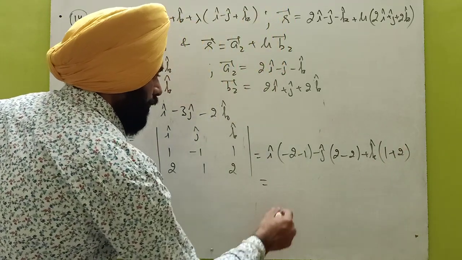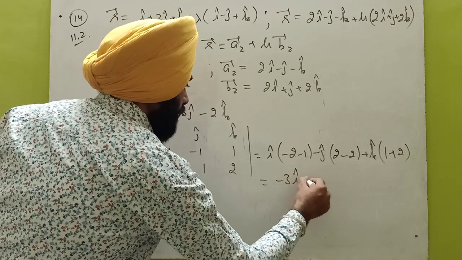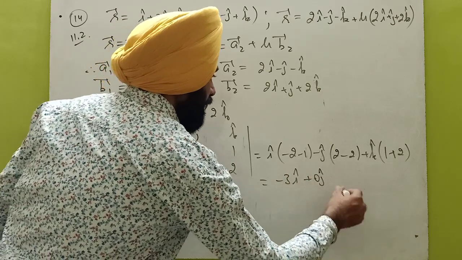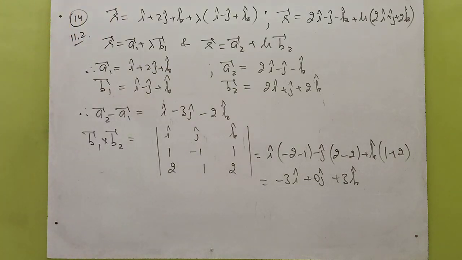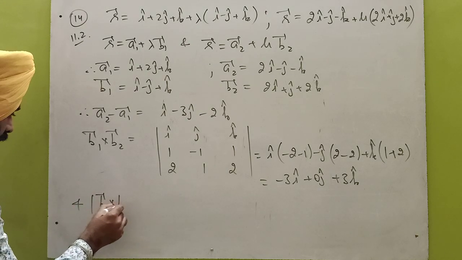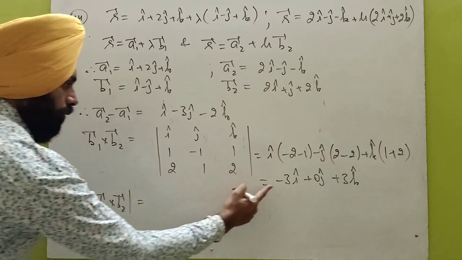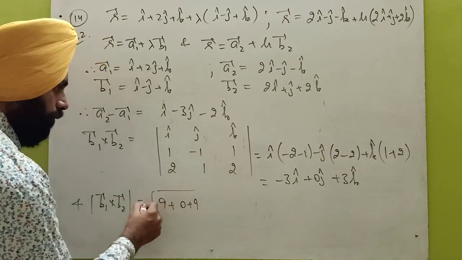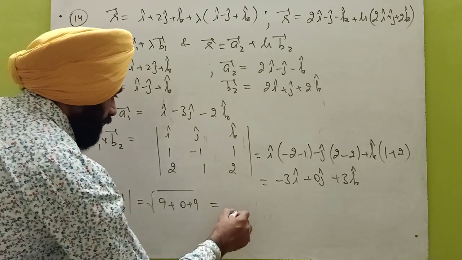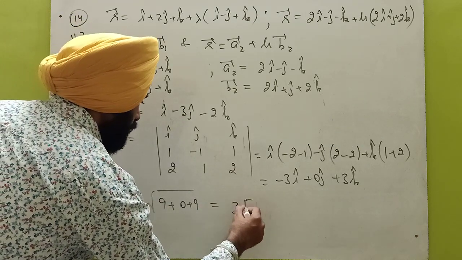So the value of b1 cross b2 is minus 3i cap plus 0j plus 3k cap. Then find the magnitude of b1 cross b2. b1 cross b2 magnitude is equal to the square root of 9 plus 0 plus 9. That is equal to 3 root 2.